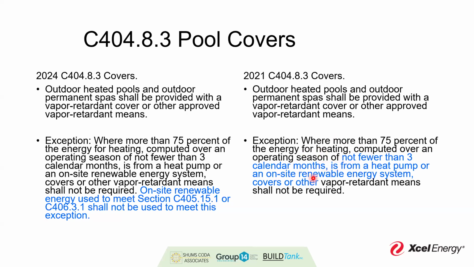renewable energy system. Now, the 24 goes on to clarify that language a little bit with the expectation here, which is that, hey, your on-site renewables can't be the ones you counted for your additional efficiency package or for required renewables. This has to be in addition to.